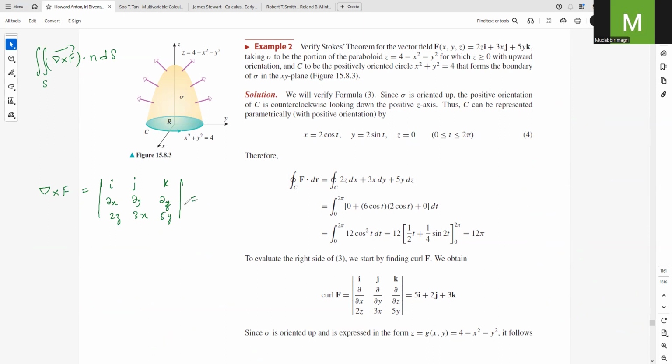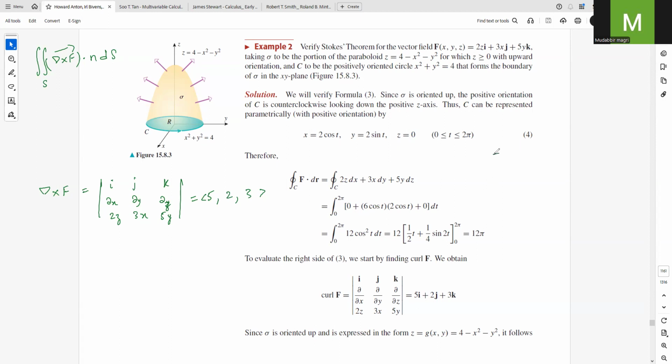We need to find this determinant to get the curl. We will get 5, 2, and 3. Now we take the inner product of the curl with n dS, so we need this n. n is a normal vector, so we first need to find the normal vector.